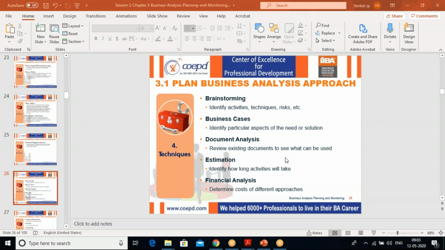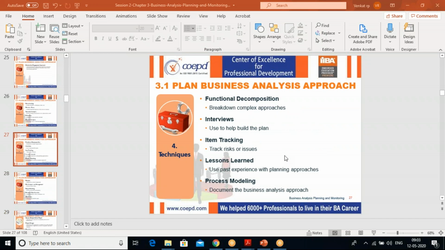And financial analysis, generally we don't do it at this point, but these people would have thought of very big and very critical projects, and in such cases financial analysis comes into the picture. And functional decomposition, yes, the entire requirements and the functionality and the approach we can decompose.